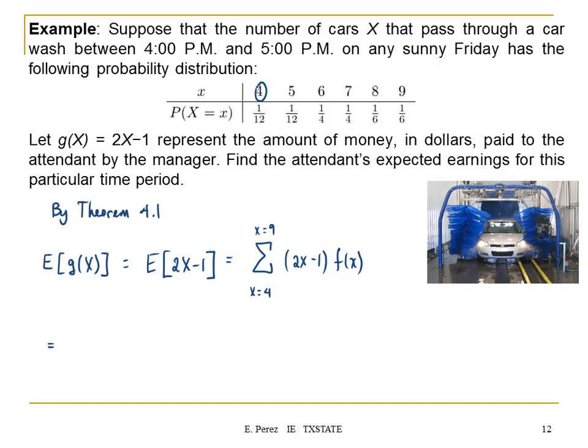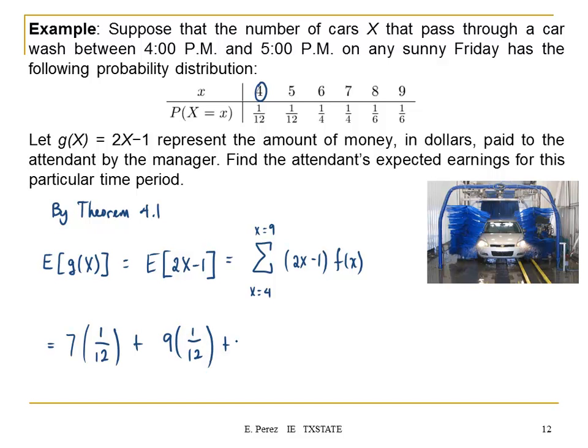What will be the value for x equals 4? If you put x equals 4 in this function, what do you get? 7. 2 times 4 minus 1, 7. And what is the probability? 1 over 12. Plus, now you have to evaluate 5. This is 9 times 1 over 12.